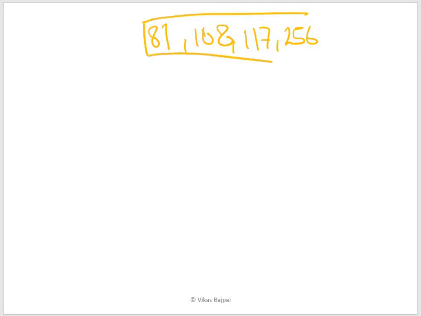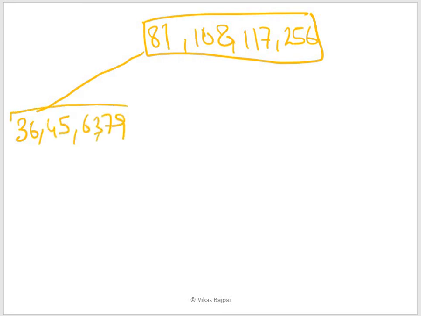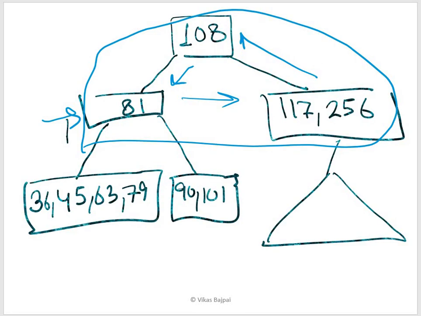I'll have 81 here as it is, 108 merged with this, 117 and 256 from the right hand side, and then I have 36, 45, 63, 79 as it is. Then on this side I have 90 and 101, and then I see this has merged to this, and I am left with this subtree.